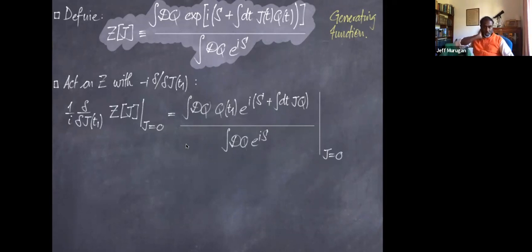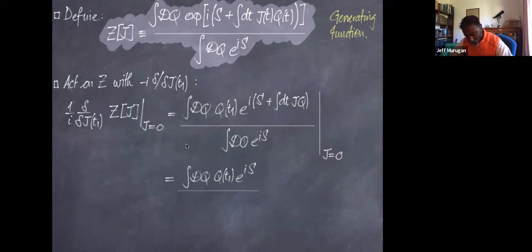If I set J equal to 0 in the exponential in the numerator, I get the integral with respect to Q of Q at t1 e to the iS, divided by the integral with respect to Q of e to the iS.